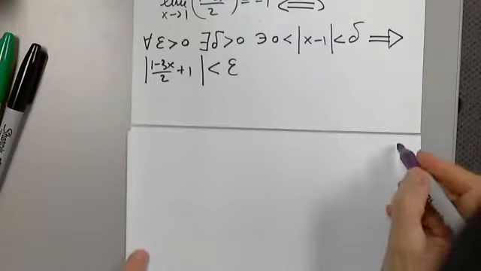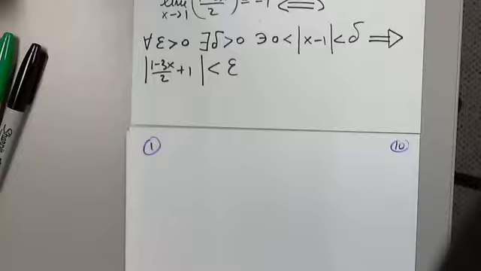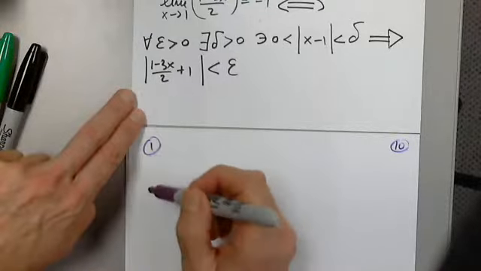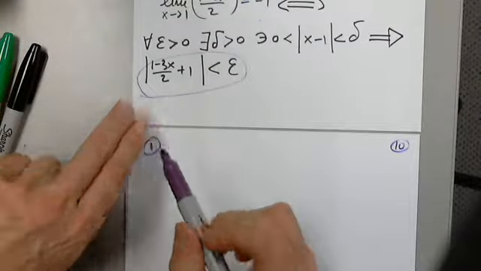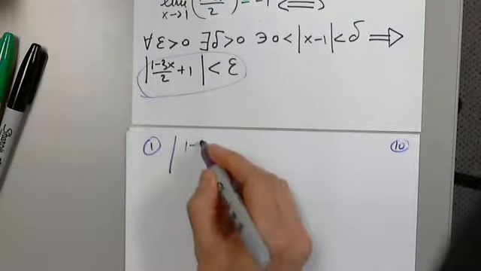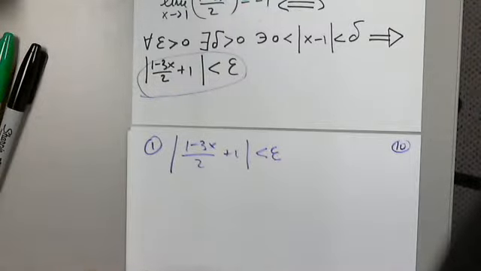Okay, so where is the starting point? Show that, that's the second part. But the starting point is here. So the absolute value of 1 minus 3x over 2 plus 1 is less than epsilon. What do I write next?